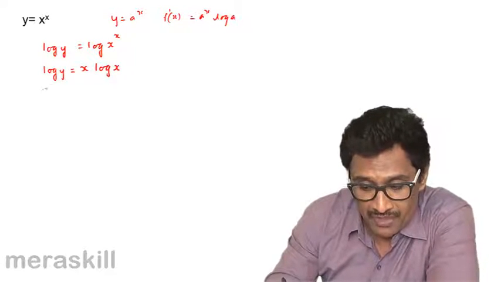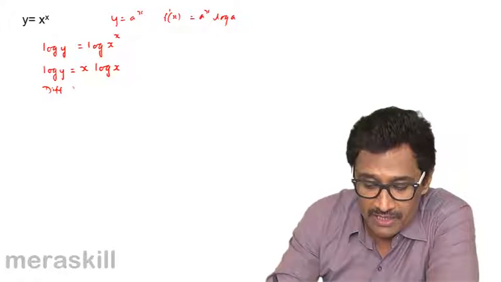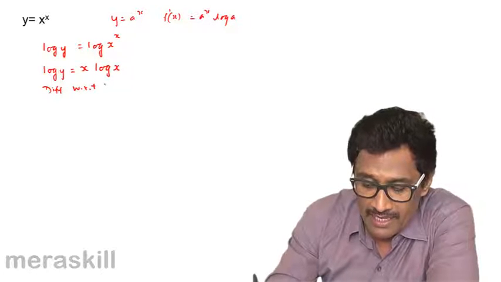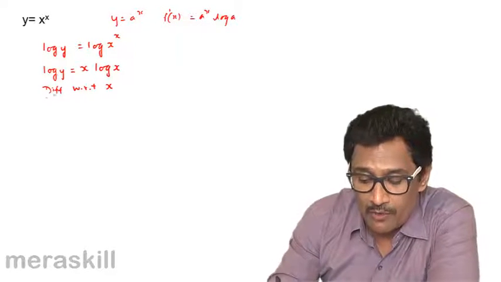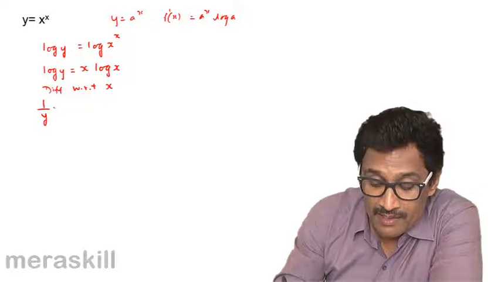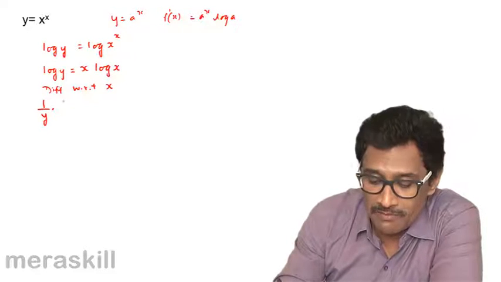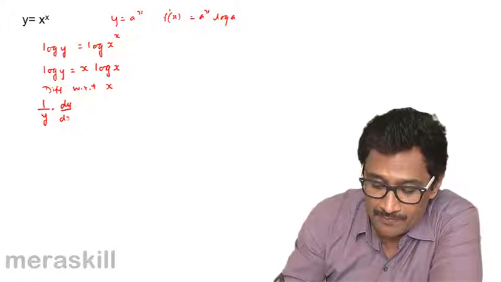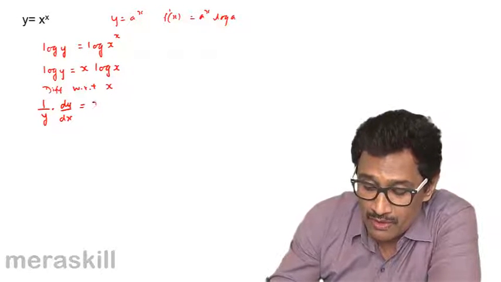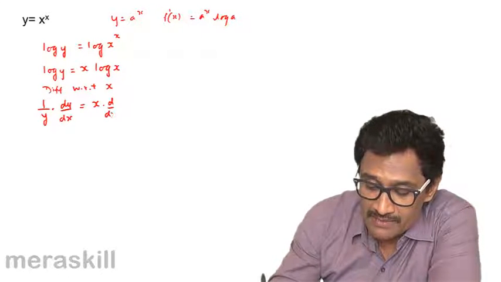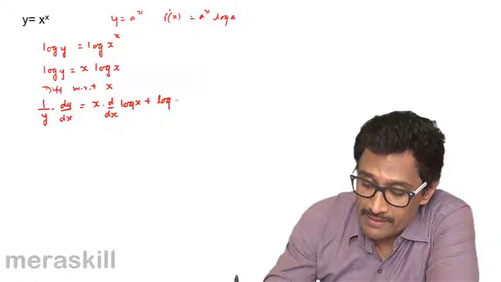Now, differentiating with respect to x, derivative of log y will be 1 by y into d by dx of y, that is dy by dx. Here you use chain rule, x into d by dx of log x plus log x into d by dx of x.